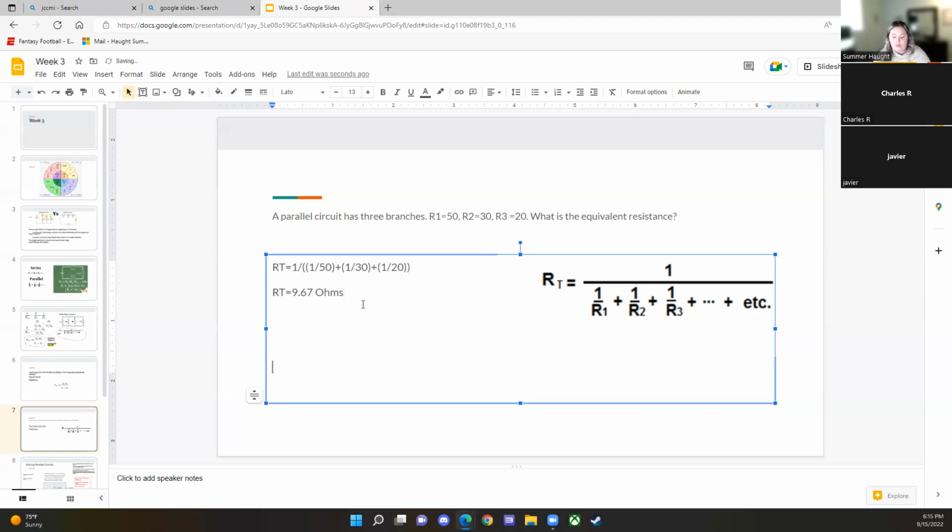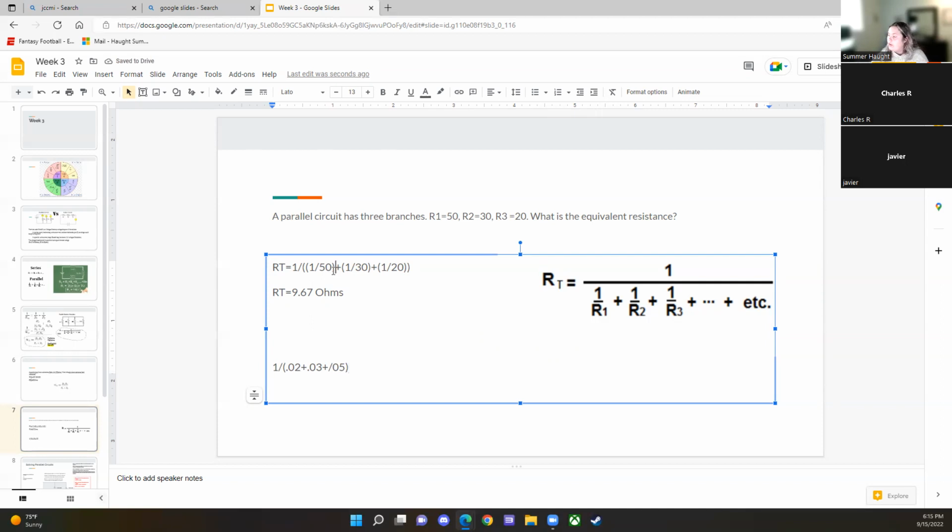So we had 0.02. And the reason I would put 1 divided by here is because we have to divide all of this by 1. So we have 1 divided by 0.02 plus 1/30, which is 0.03, plus 1/20, which is 0.05.